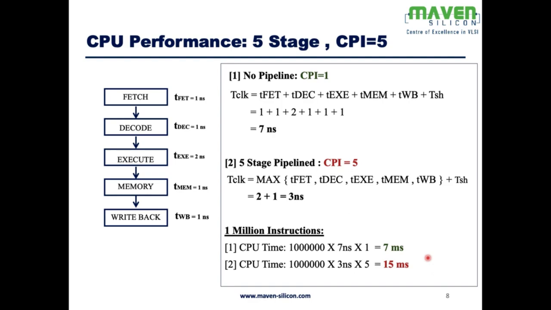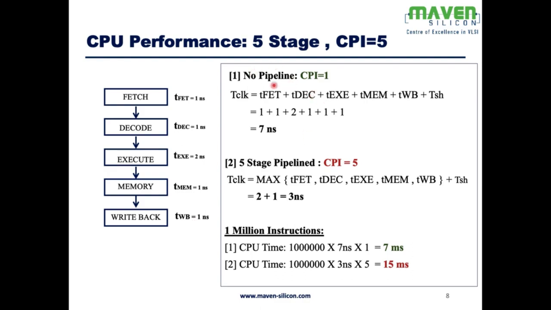Let's look at different scenarios so that we can understand the impact of frequency and CPI. There are 5 stages: fetch, decode, execute, memory and write back. The propagation delay of fetch is 1 nanosecond, decode 1 nanosecond, execute takes 2 nanoseconds, memory 1 and write back 1 nanosecond.